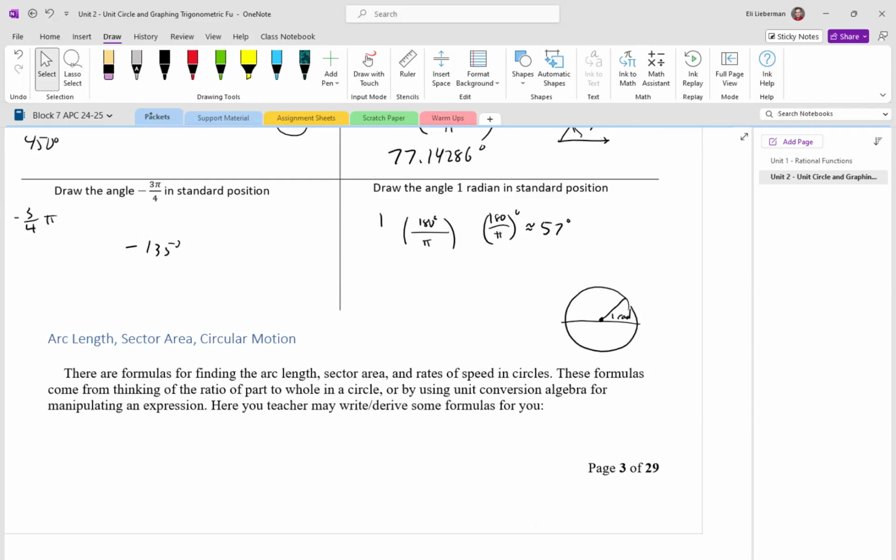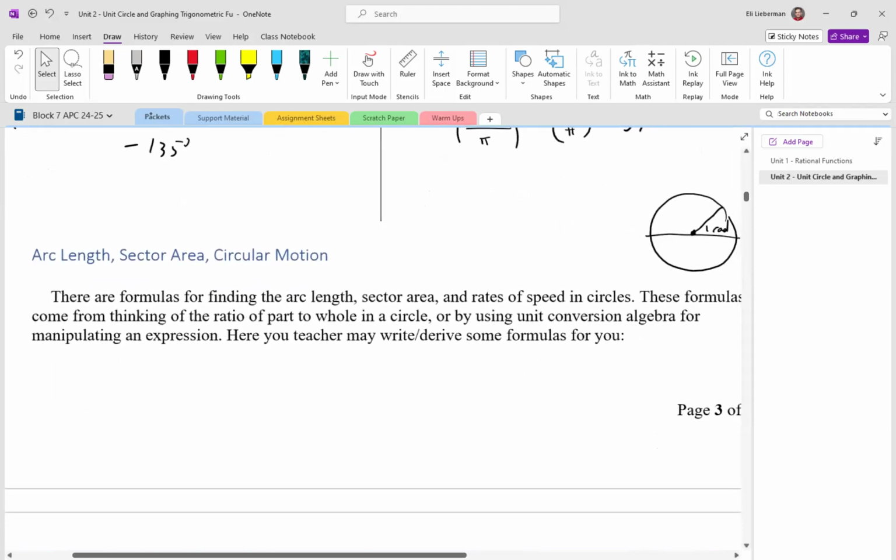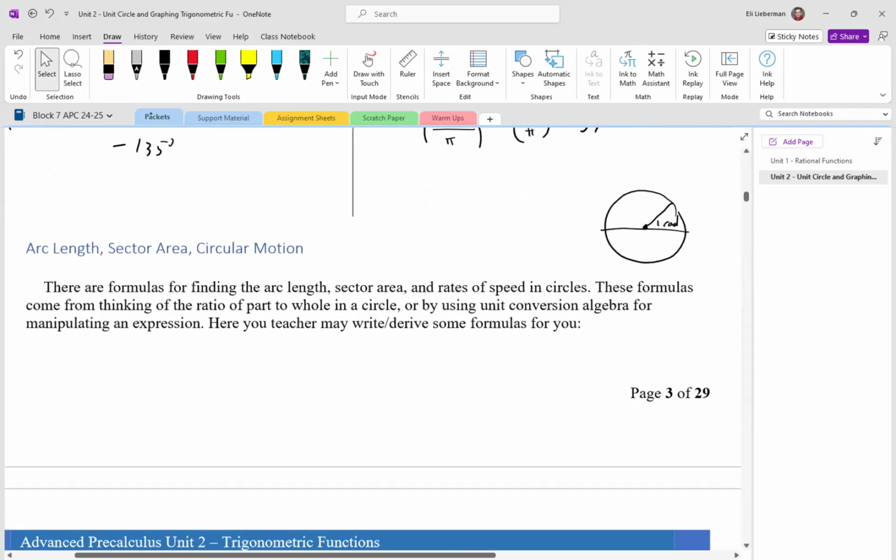Yeah. What? Creates a different unit. What? Oh, yeah. Oh, wait, oh my God.